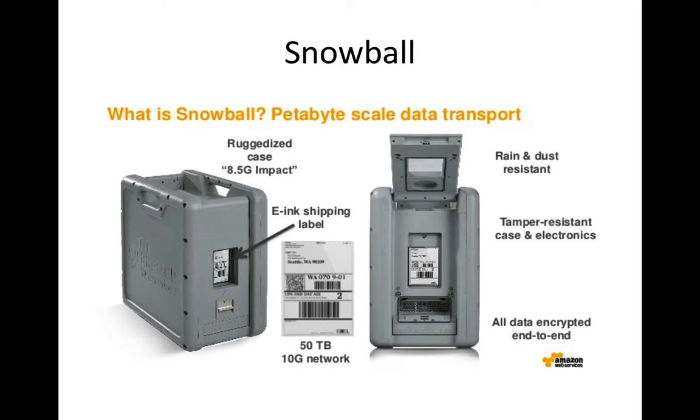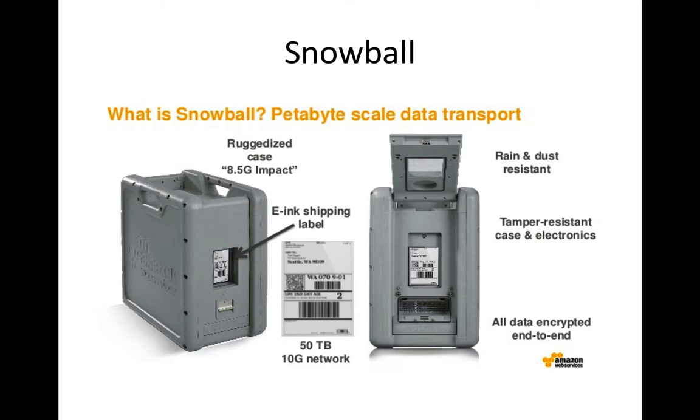Once your data has been copied into the Snowball container, the e-ink label automatically changes, and it has a return address. FedEx or UPS then picks up the Snowball container. Your data is all completely encrypted when it's stored in this container, and the shipping service then sends it back to Amazon.